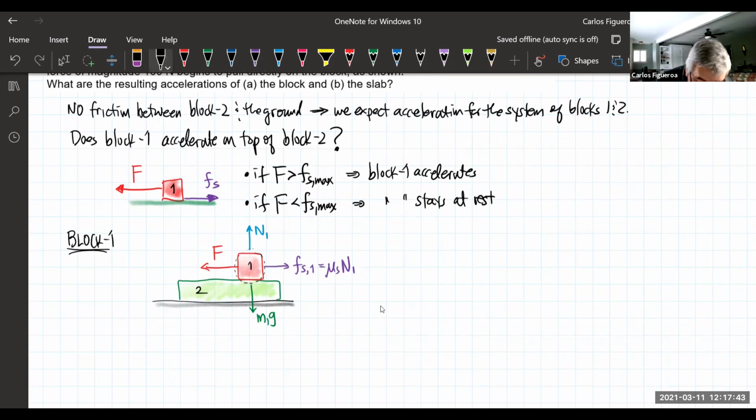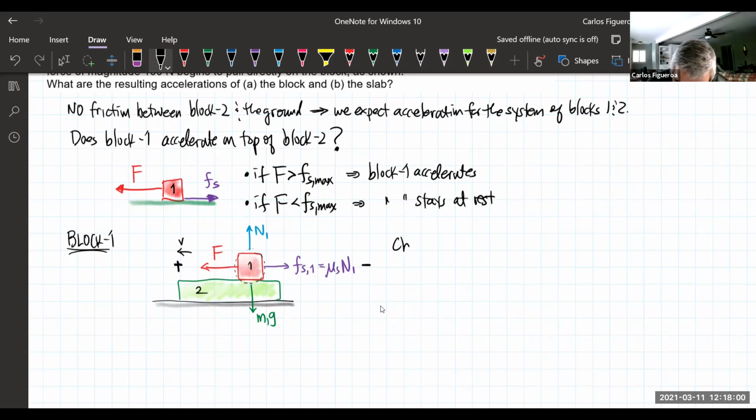So my assumption here for right now is that this thing actually moves. The only reason I do that is that now I can set my plus and minus signs. So let's go write down the equations here. Okay, so we're checking here.